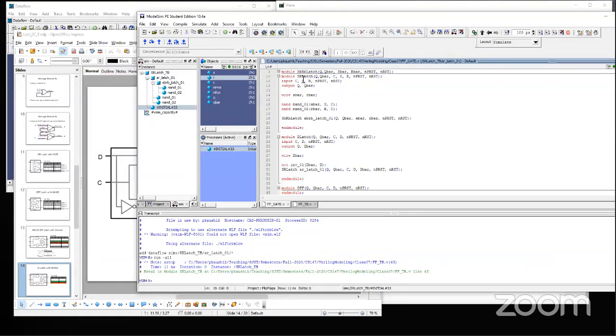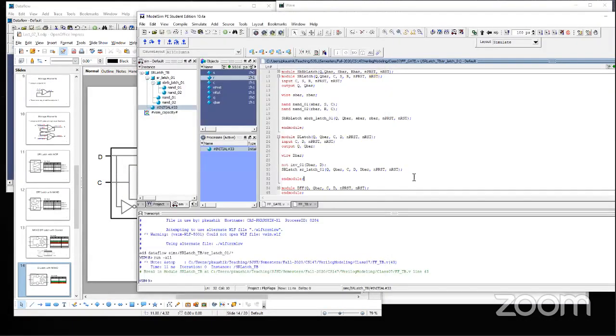See the SR latch, this one. Q bar is connected, C is connected directly. Now in place of S, I'm connecting the input D, and in place of R, I'm connecting D bar. So that's what is happening.